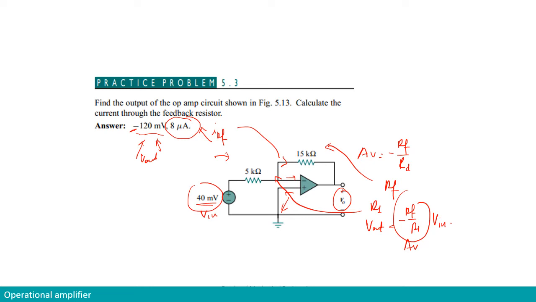How do we calculate IRF? Again by Ohm's law: VRF equals RF multiplied by IRF, so IRF is just VRF divided by RF. There you go.